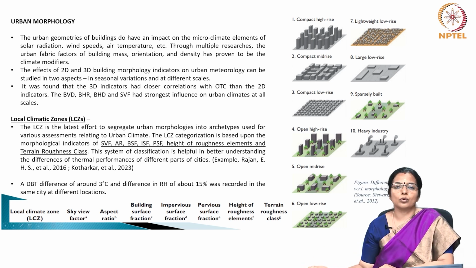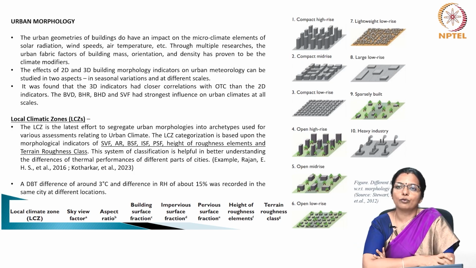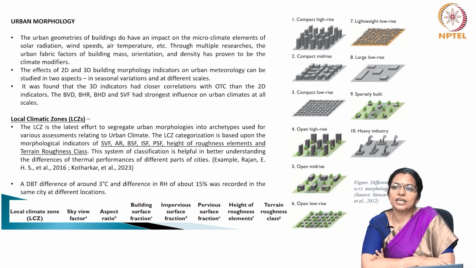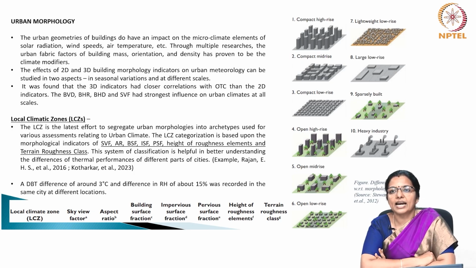Local climate zones, LCZs. Local climate zone is one of the efforts to segregate urban morphologies into archetypes used for various assessments related to urban climate. The LCZ categorization is based upon morphological indicators such as height of roughness elements and terrain roughness class.